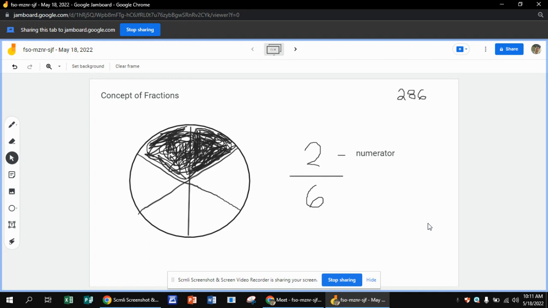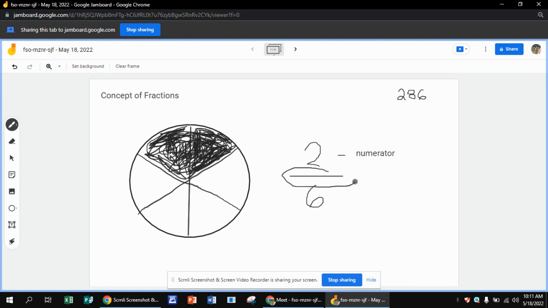So in the numerator, we write how many of the parts we shaded, identified, or taken. In this pizza, I ate two parts, so we put the two parts in the numerator.